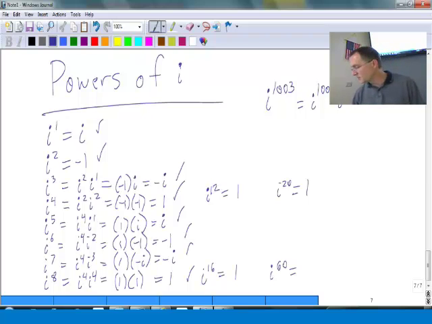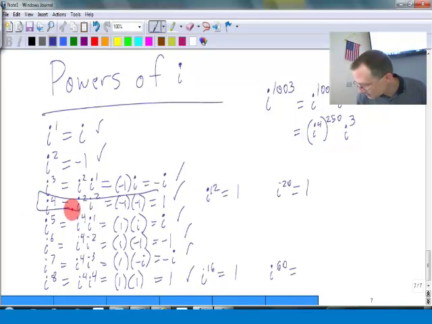If that's a problem, we could say i to the 4th power to the 250th power. Power rule, 4 times 250, that's 1,000. Well, what's i to the 4th power? We did that one. It's 1.